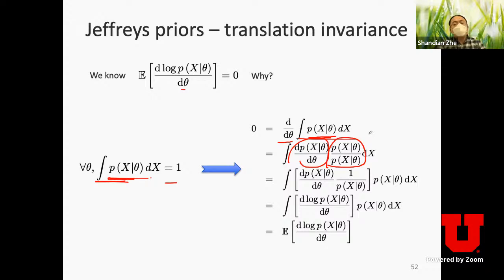You multiply p x given theta divided by p x given theta, and then it ends with 1, right? It doesn't change the integrand at all, right? But here it gives a very important observation, because if you look at this term together, right?